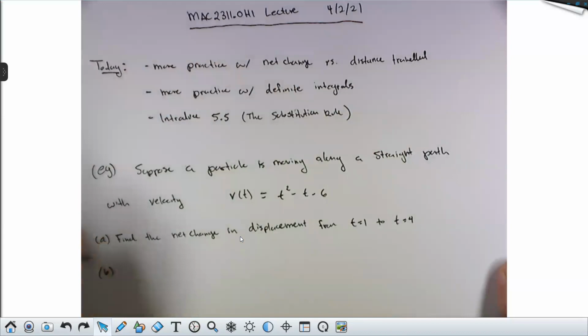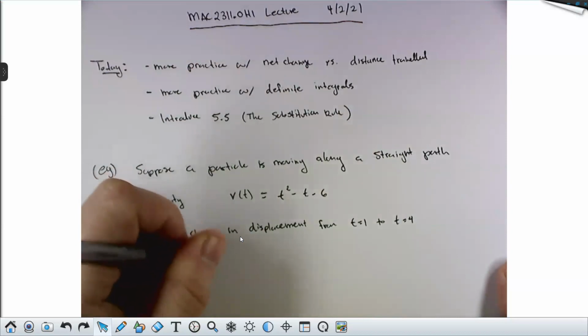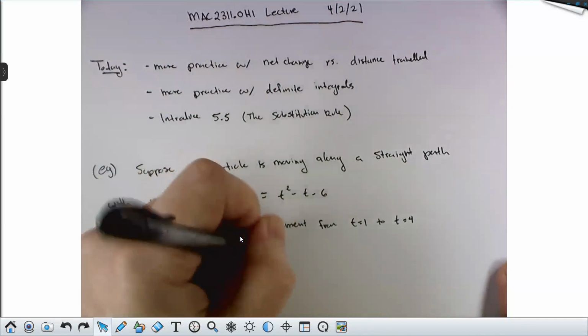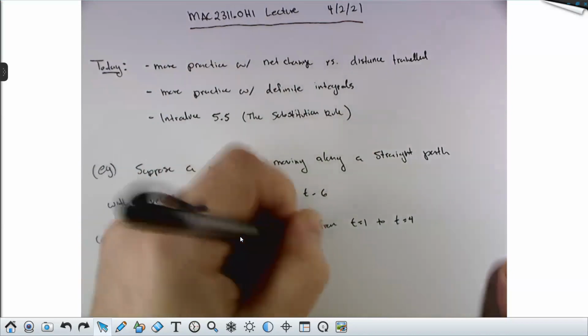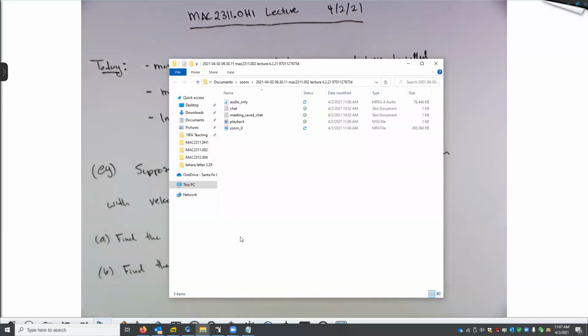And I want to find the distance traveled. Same thing from t equals 1 second to t equals 4 seconds.